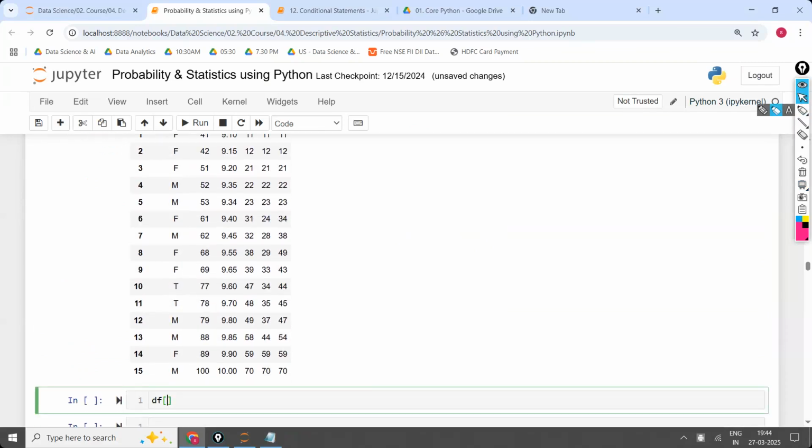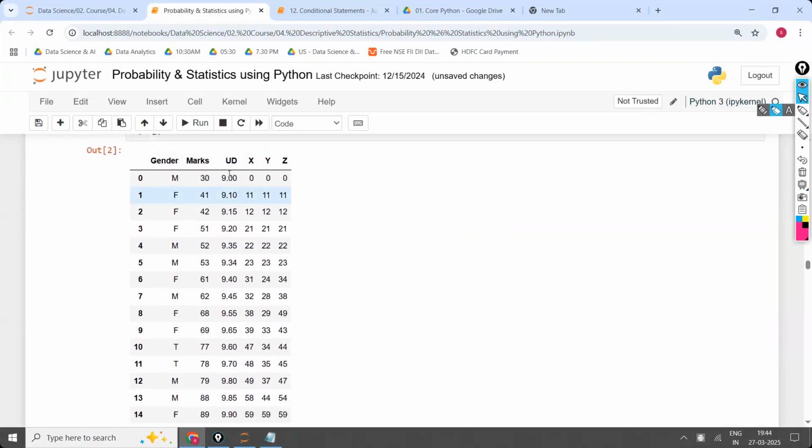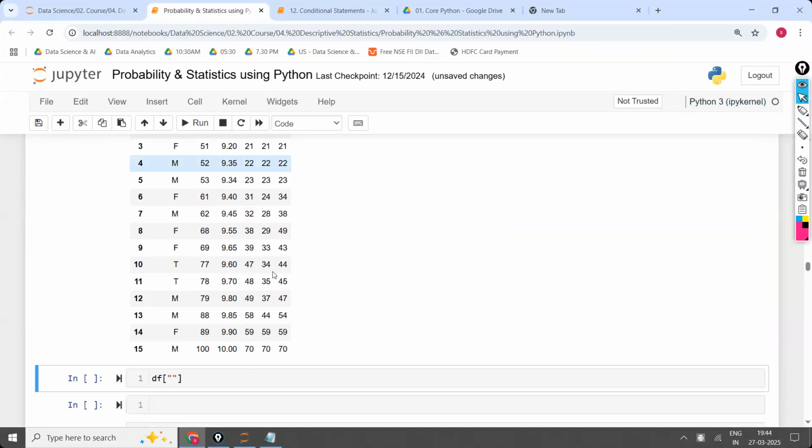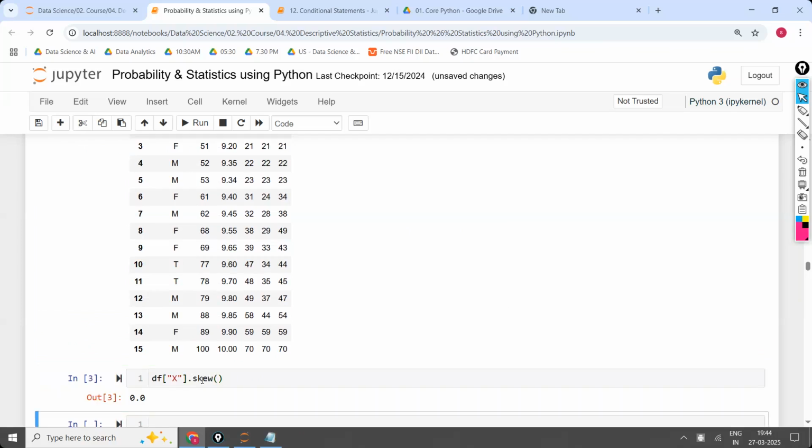Now, if I take the df of the first column, I am going to consider the column name. The column name is X. For this particular column, I am asking for skewness, dot skew. What is the value? Dot skew is going to give 0. What is the meaning of 0? It means normal distribution. Yesterday also for X, you got the normal distribution.